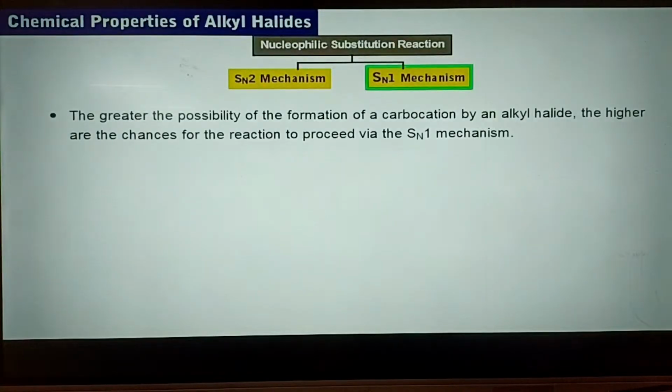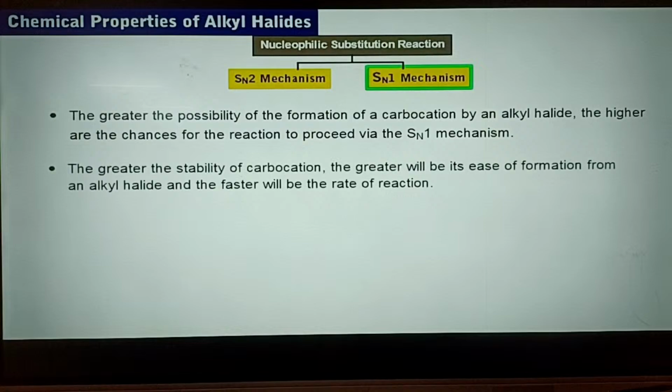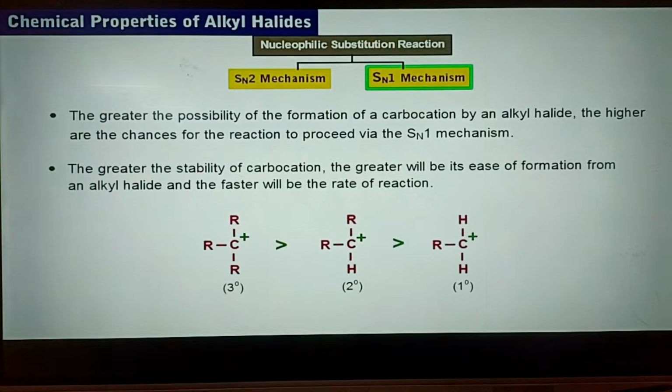The greater the possibility of the formation of a carbocation by an alkyl halide, the higher are the chances for the reaction to proceed via the SN1 mechanism. Further, the greater the stability of the carbocation, the greater will be its ease of formation from an alkyl halide, and the faster will be the rate of reaction.